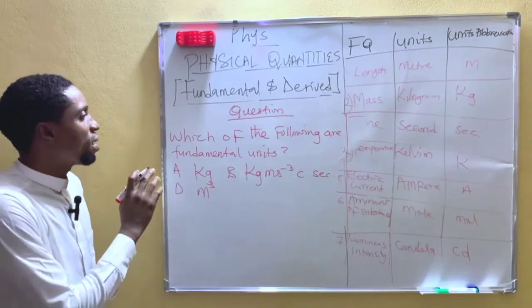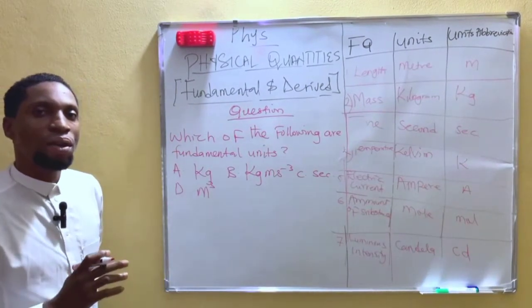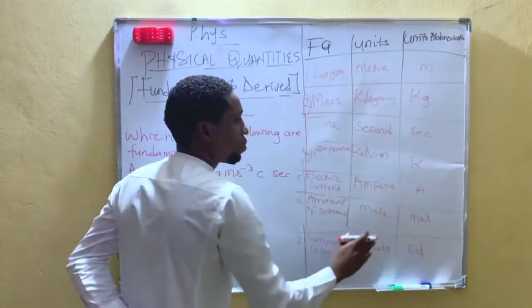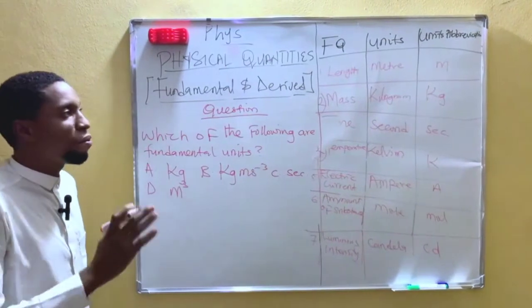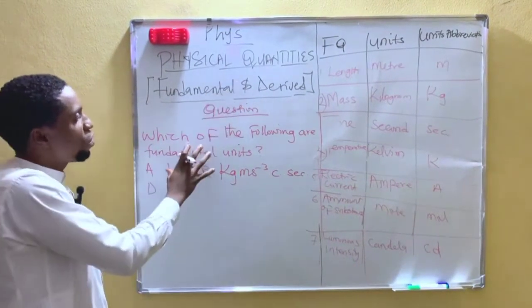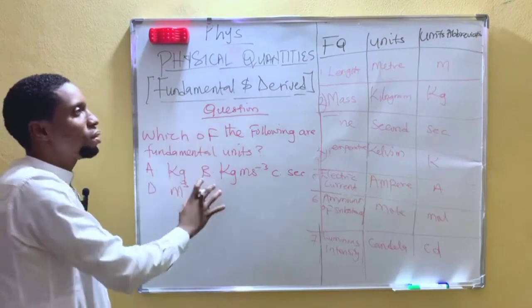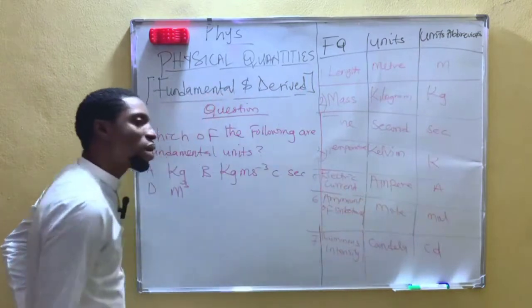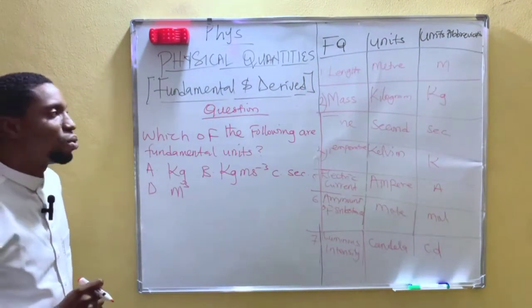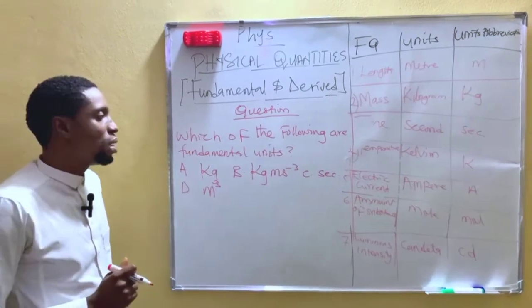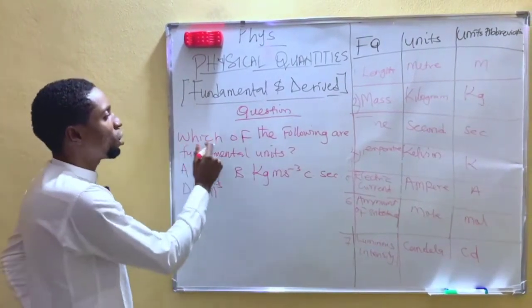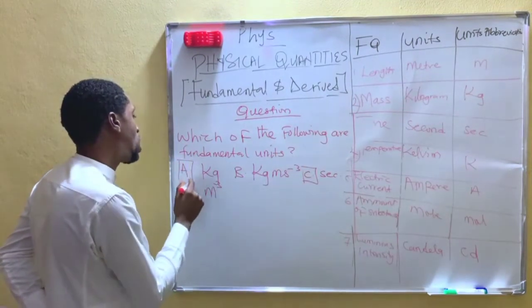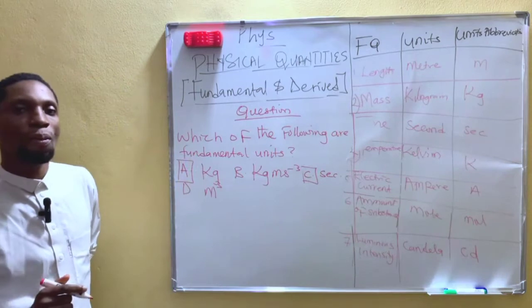If you want to get this answer correct, you have to know the fundamental units first. You have to master these fundamental units in physics. So the correct answer here is option C and option A. Why?